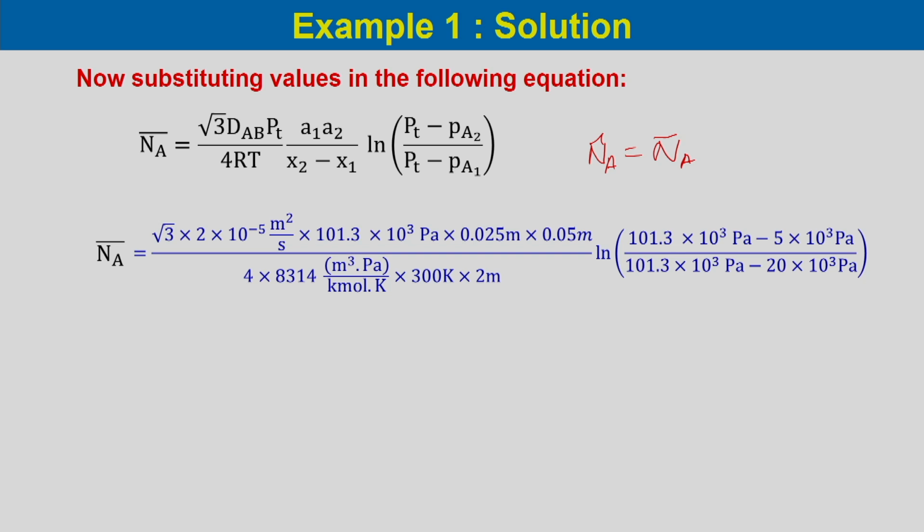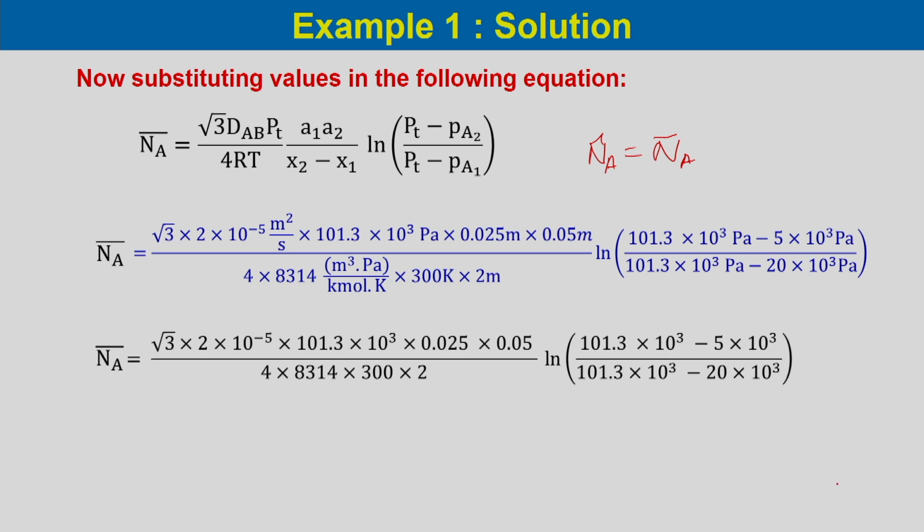2, that is 0.05 meter, divided by 4 into R, 8314 meter cube Pascal per kmole Kelvin, into temperature 300 Kelvin, the distance x2 minus x1 is 2 meter, into ln of PT, 101.3 into 10 to the power 3 Pascal, minus PA2, 5 into 10 to the power 3 Pascal, divided by PT, which is 101.3 into 10 to the power 3 Pascal, minus 20 into 10 to the power 3 Pascal.